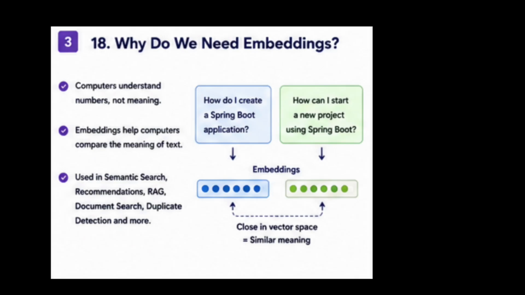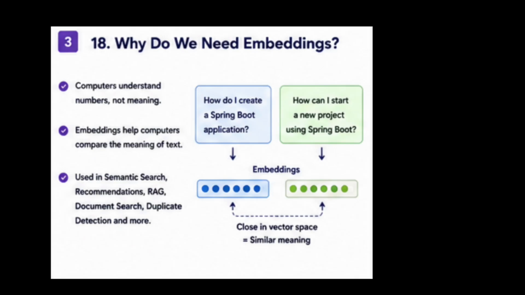Why do we need embeddings? Computers cannot directly compare the meanings of two sentences in the same way humans do. For a human, these two sentences are clearly related: How do I create a Spring Boot application, and how can I start a new project using Spring Boot? The words are different, but the meaning is similar. Embeddings convert both sentences into vectors.